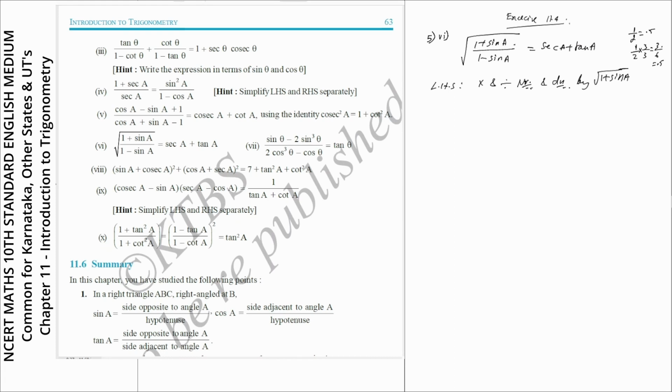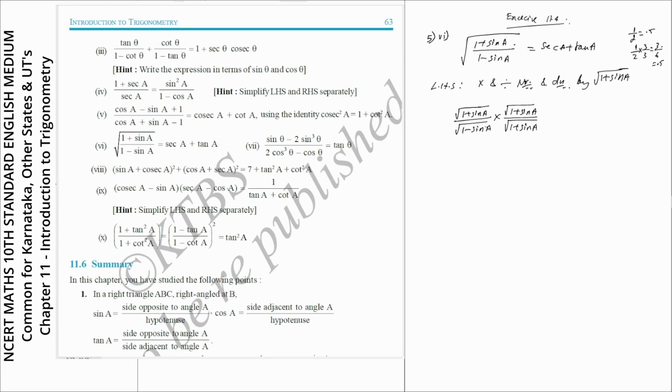So now the left hand side I can write as 1 plus sin a by square root of 1 minus sin a. Now multiply and divide numerator and denominator by square root of 1 plus sin a.